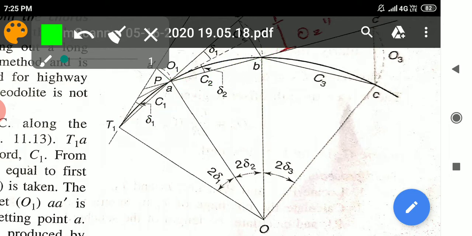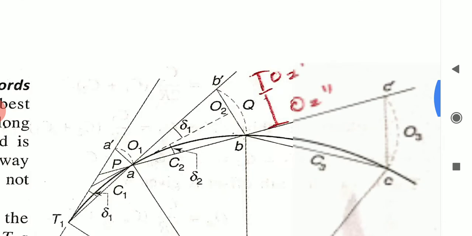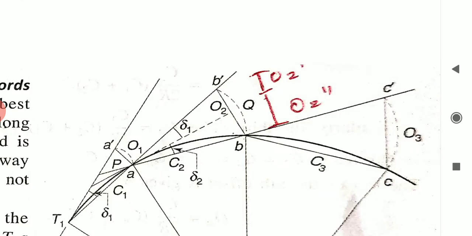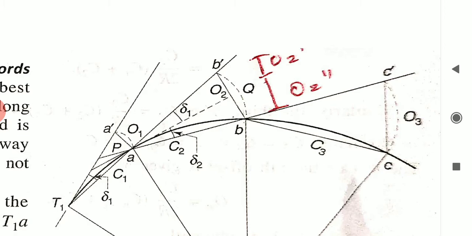Then the second offset O2 B, which is O2 dash plus O2 double dash, is set out to get a point B. Points A and B are joined and produced further by a distance C3, which is the full chord length.